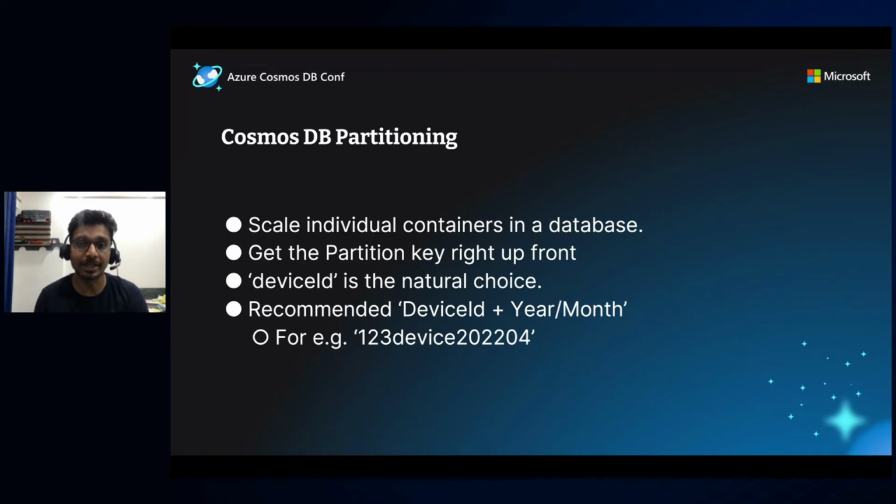Have your device ID along with year or month. In that way, you have enough space to accommodate multi-year device data. We need to ensure that when we query, the query is based on the partition key, which is part of the where clause, to get the low latency response, probably single digit millisecond.